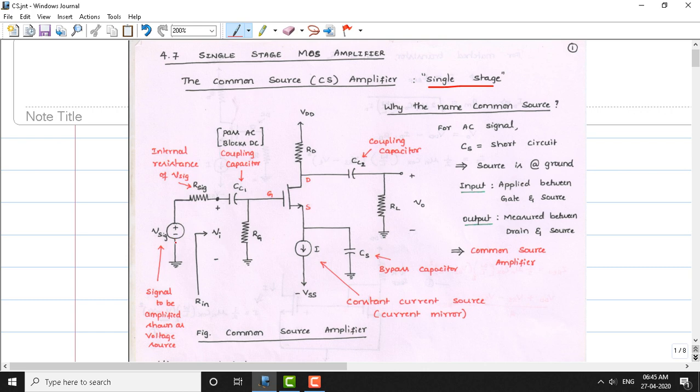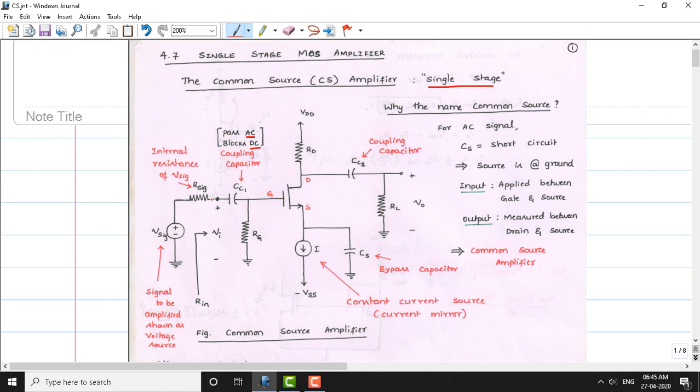The signal V signal is fed to the transistor via a capacitor called the coupling capacitor. We know the important property of a capacitor: it passes AC signals and blocks DC signals. So here we are applying the AC signal to be amplified through the capacitor.